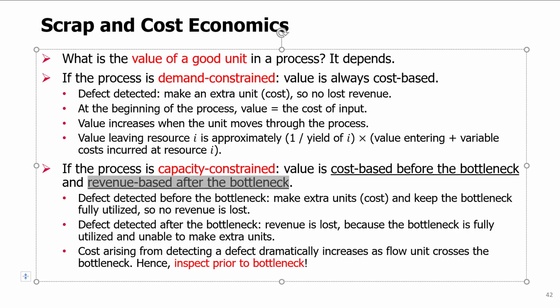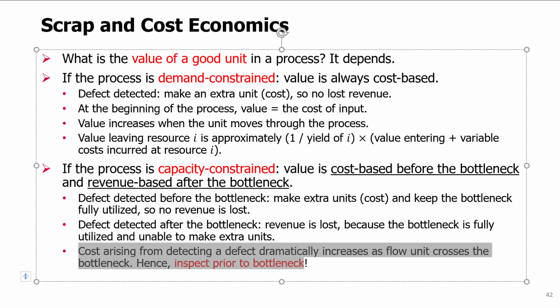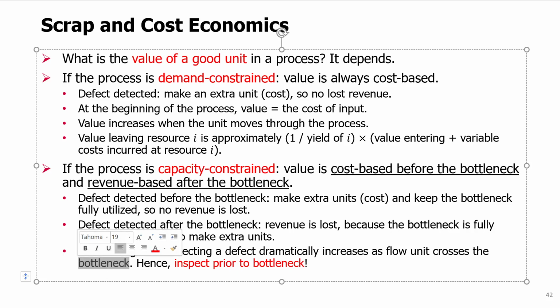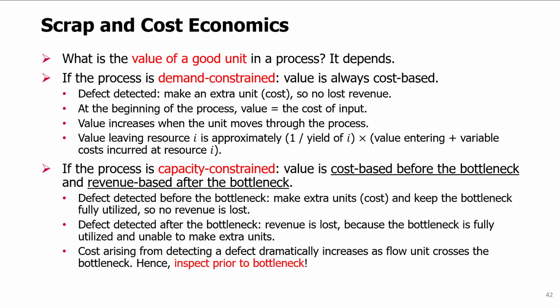For example, some units might cost you $5 at a certain point in the process, $10, $15, and then they might sell for revenue of $500. So there can be a dramatic increase in the value of a good unit as it crosses the bottleneck. That tells you that, especially in capacity constrained processes, you should inspect prior to the bottleneck, because this is where you will get the biggest improvement in your profitability.